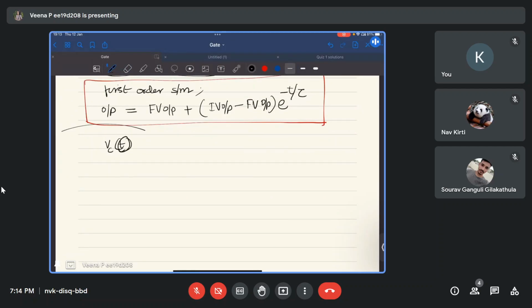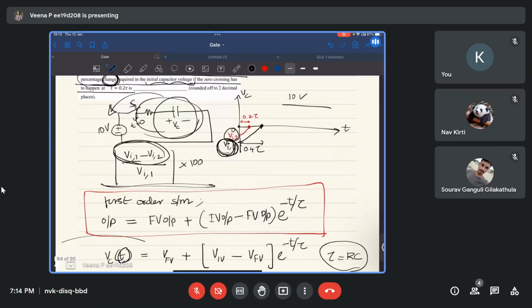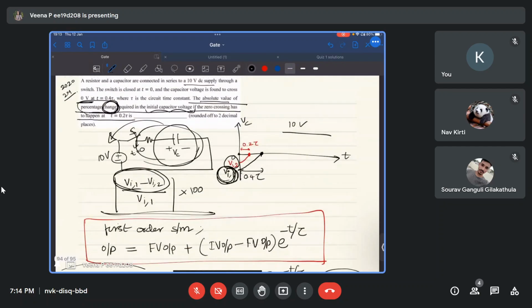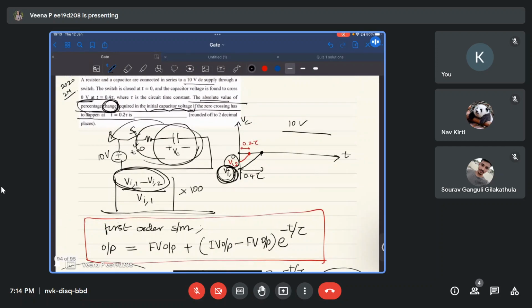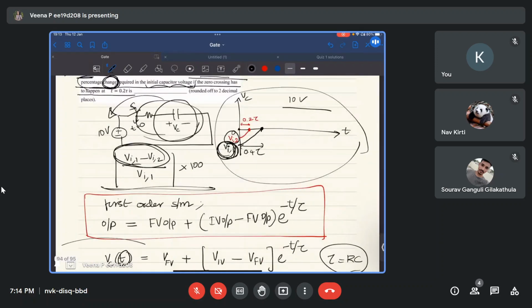So the capacitor voltage at any time t is the final value of capacitor voltage plus the initial value of capacitor voltage minus the final value of capacitor voltage, into e raised to minus t by tau. The time constant of an RC circuit is R into C. But anyway, in this problem, we won't be needing the RC product. So let us look at what we know. We'll take this graph.